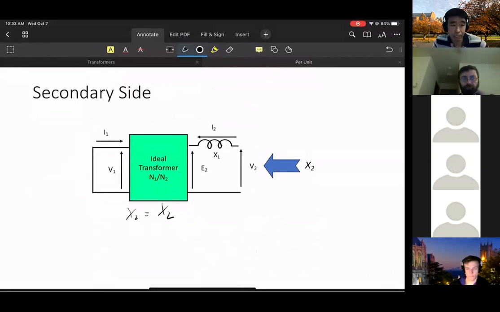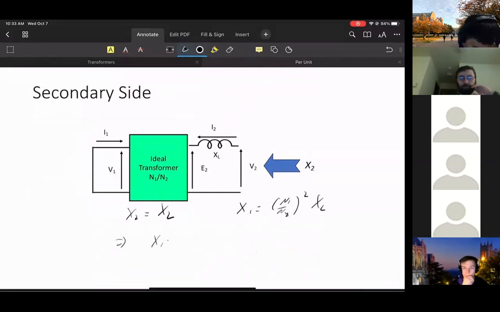So you look from the secondary, this inductor is on the secondary, so just XL. If you remember that X1 is N1 over N2 squared XL, this gives us X1 is N1 over N2 squared X2. So these are the two equations relating to each other.